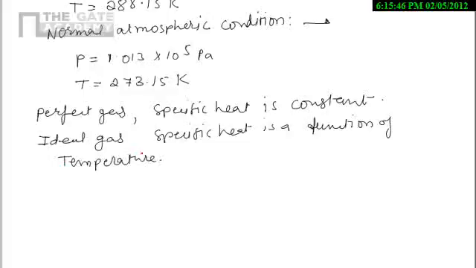So now I will differentiate between perfect gas and ideal gas. In case of ideal gas, specific heat is a function of temperature, but in case of perfect gas, specific heat will be a constant. But both perfect gas and ideal gas will follow the perfect gas law, that is PV equals to nRT or PV equals to mRT.